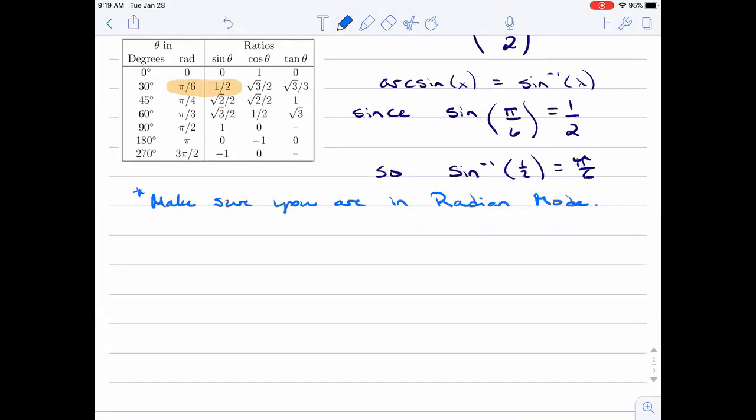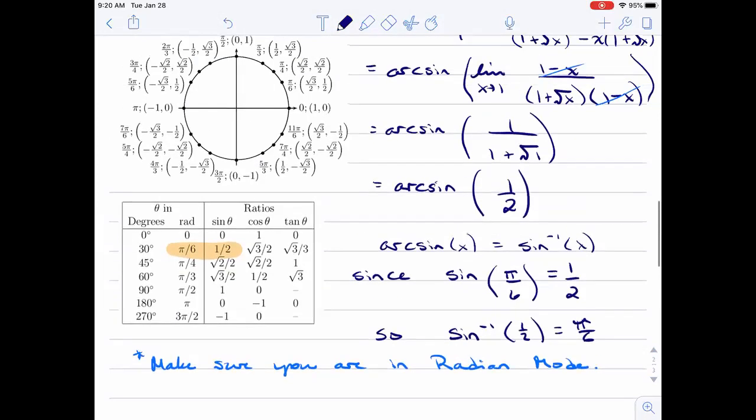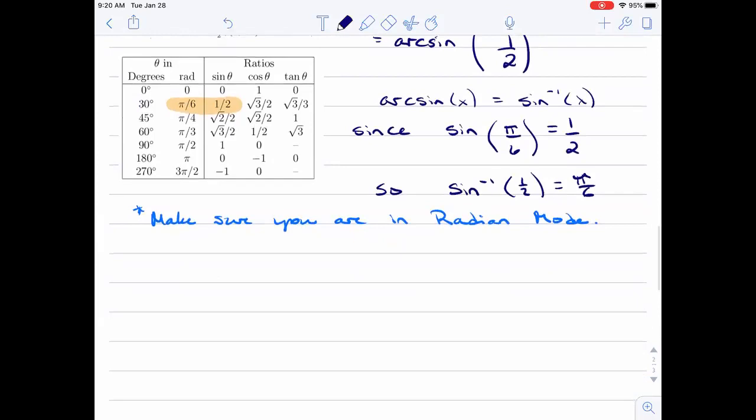Basically, for the rest of the course, we're going to be in radians, most common. Okay.